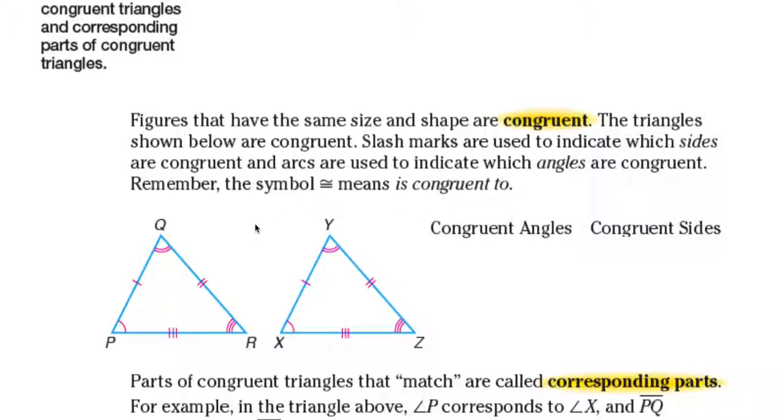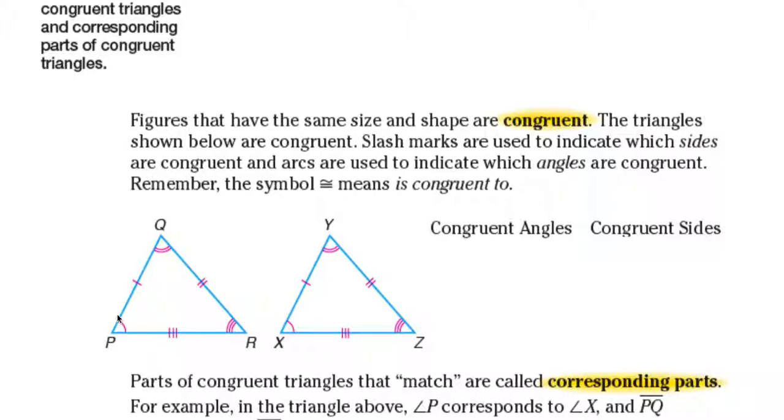This side with one slash mark is congruent to that side, because they both have one slash mark each. This side has two slash marks, so it is congruent to this side because they both have two slash marks. And this side is congruent to that side because both of them have three slash marks each.